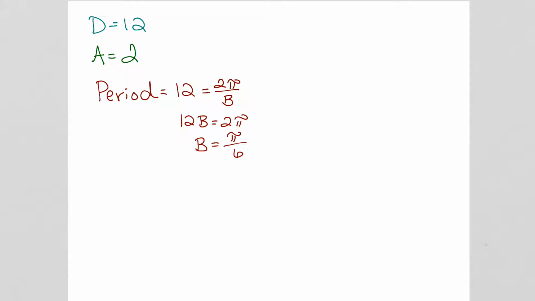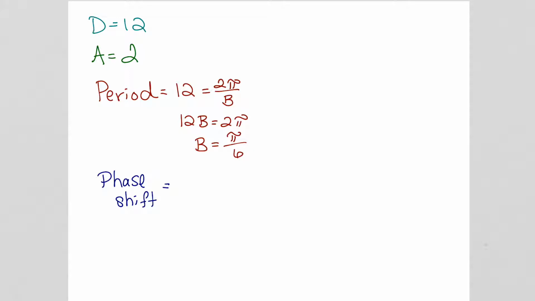And then what is C? The phase shift. Whatever the phase shift is will help us with finding C. It says we need to start at the first month whose hours of daylight is 12.